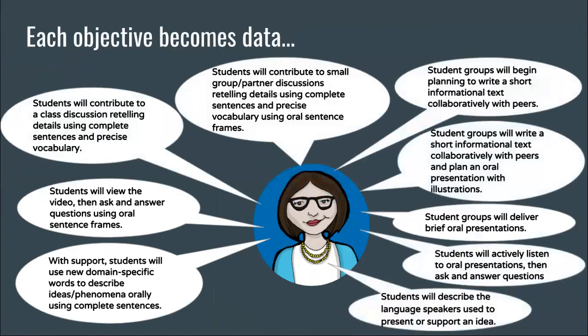And because of the interconnected nature of the ELD and ELA standards and the way the instruction is described in the framework, it goes together to be a seamless class where she doesn't have to pull a group aside and do a specific language lesson on a different inauthentic text, but it's related to what they're doing not only in science, but during ELA and ELD.